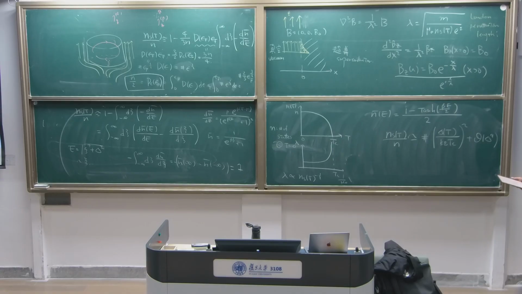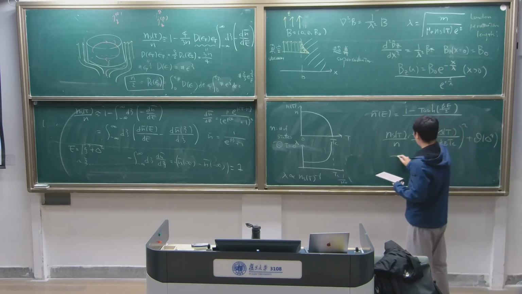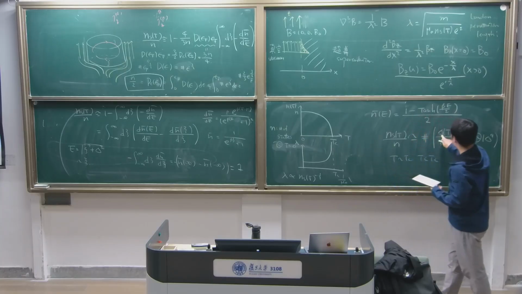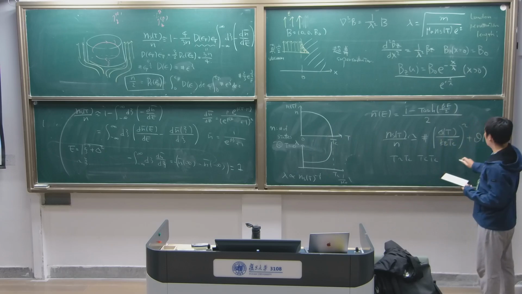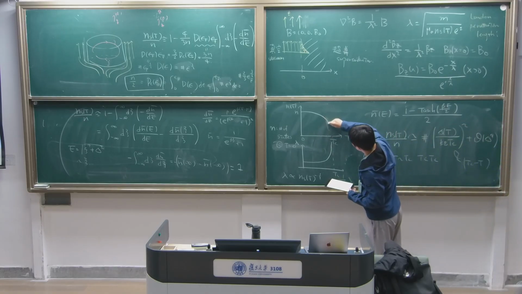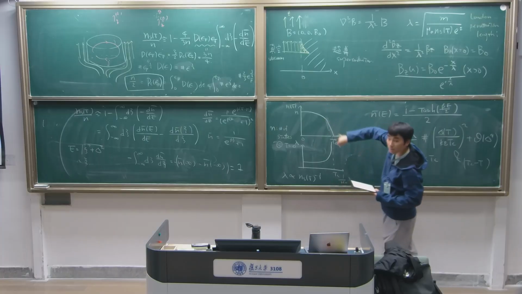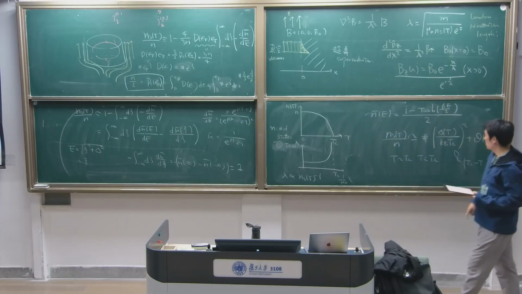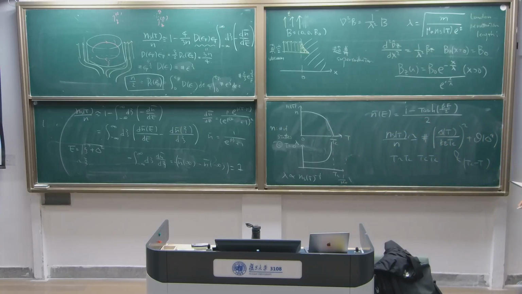In particular, when T is around T_C and T is less than T_C, this one is proportional to T_C minus T. So if you go to the linear, it just becomes linear in degree. That's what I want to say.